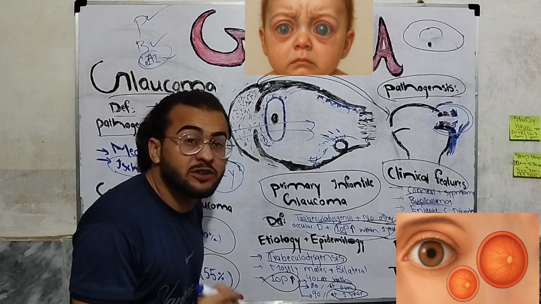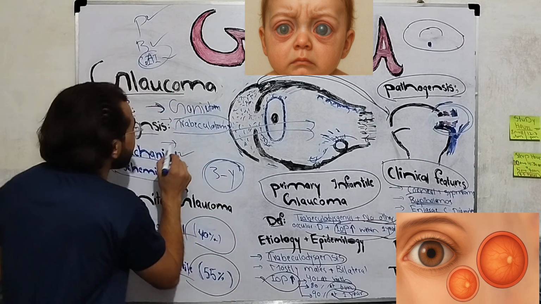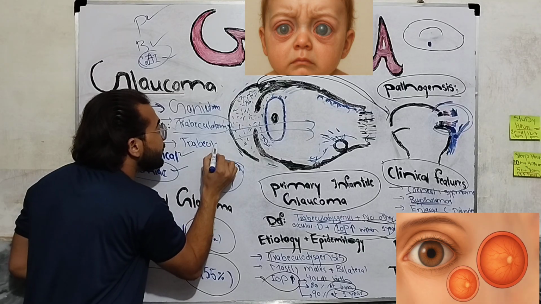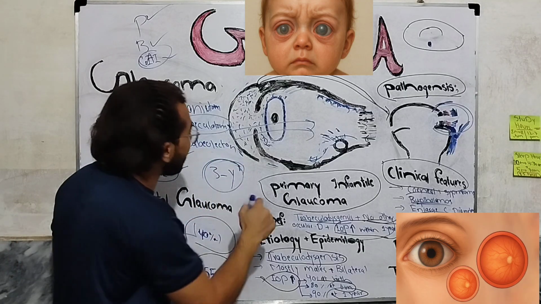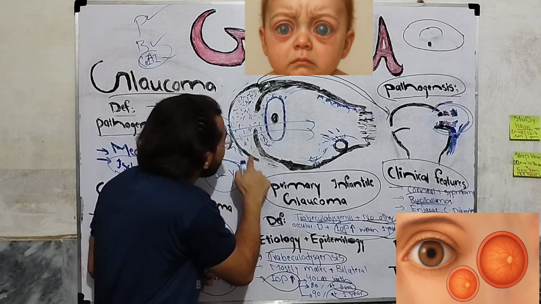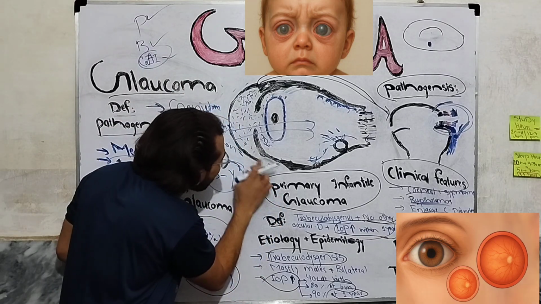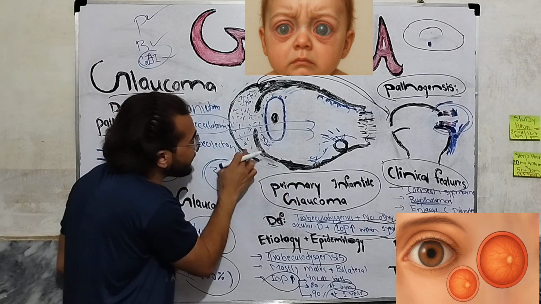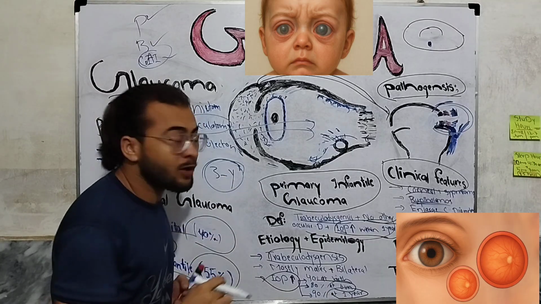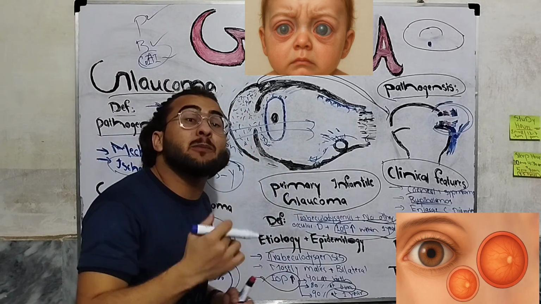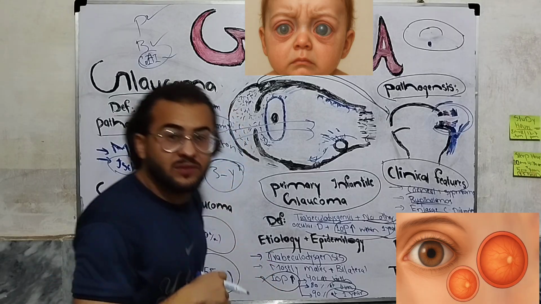This is called trabeculectomy. In trabeculectomy, we make a filtration path between the subconjunctival space and the anterior chamber. So the anterior chamber is directly connected to the subconjunctival or subtenon space.